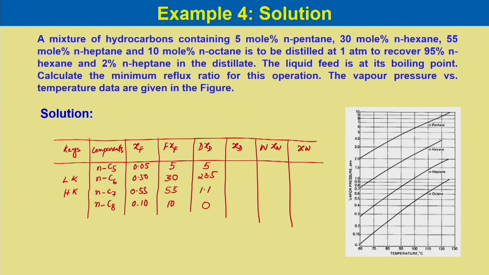Now, from this the total D is equal to 34.6, and then we can calculate the values of XD, which are 0.145, 0.823, 0.032 and 0.